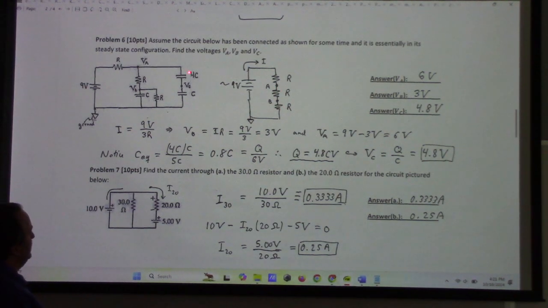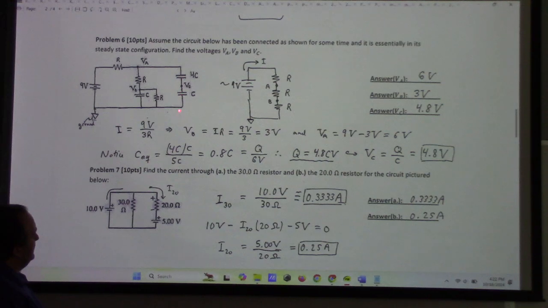Now, on the other hand, the voltage at C is not 0. It's more complicated than that. Think about what the equivalent capacitance is here. Well, the equivalent capacitance happens to be 0.8 C by this calculation right here. And on the other hand, it's equal to Q over 6 volts, because 6 volts is the voltage at A. So there's 6 volts dropped across this series capacitor. As you know, capacitors in series must have the same charge on both.